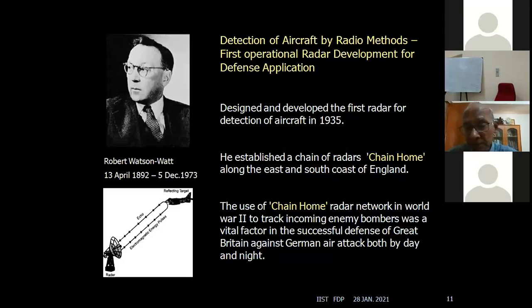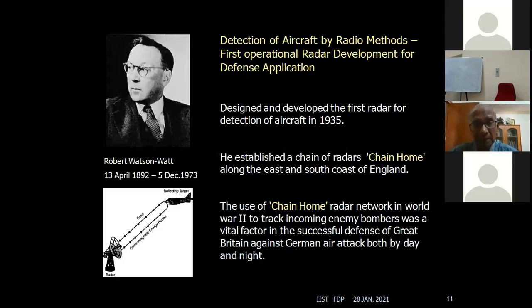First 5 radars and later expanded to 19 radars covering the east coast and the southern part of the England. So they could successfully locate the incoming aircraft from Germany to locate and then shoot them down. So that has decisively changed the course of the Second World War, the people believe.